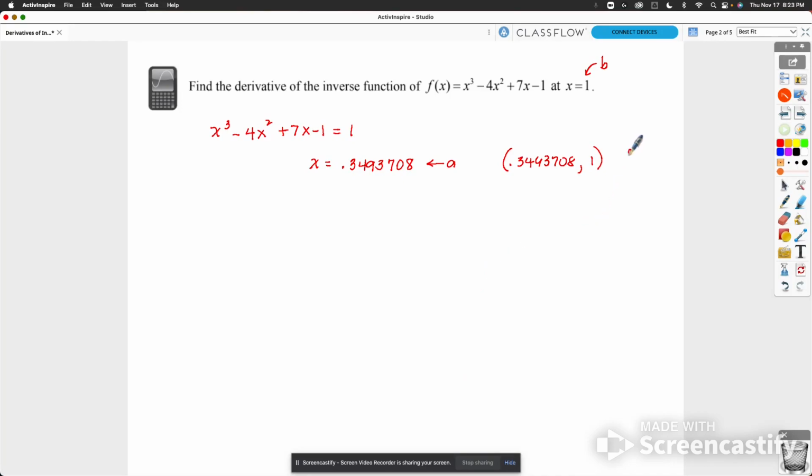So this is the coordinates for your f of x.